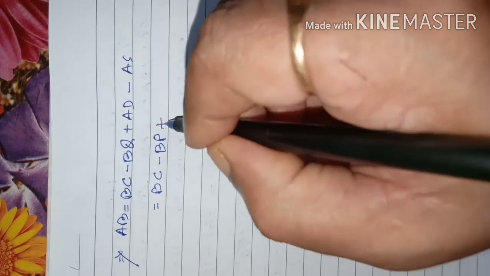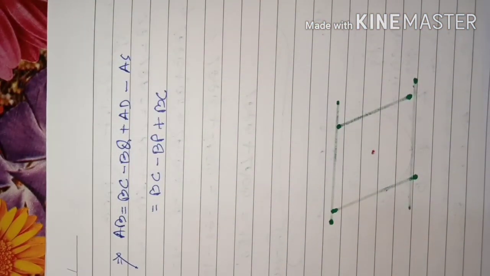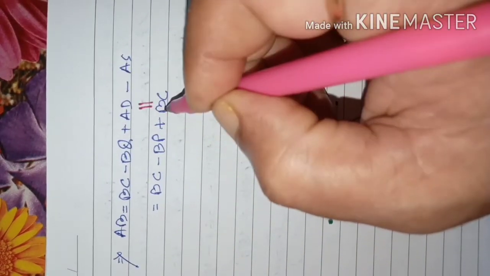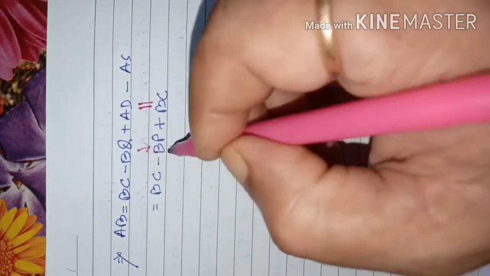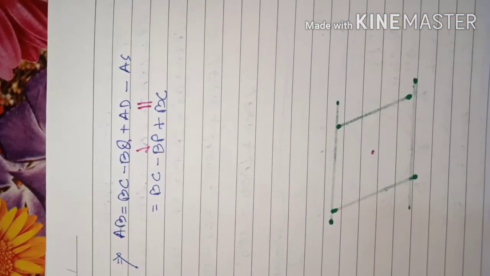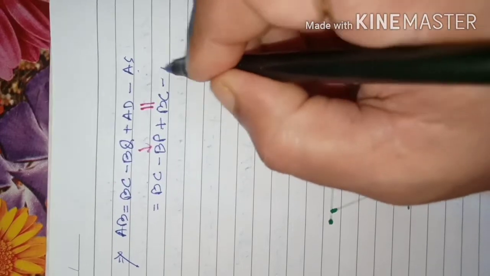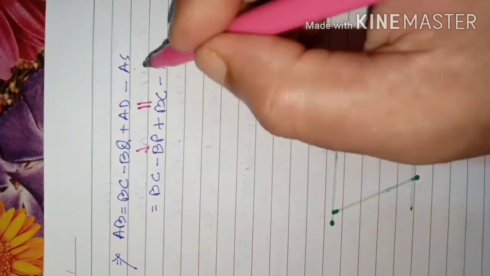AD can be written as BC also, because AD and BC are opposite sides of the parallelogram. So you should understand this, AD and BC are opposite sides, that's why they are equal. BQ is equal to BP, they are tangents from an external point, and BC is BC only, minus AS. As I told you, AS also can be substituted by AP, because tangents from an external point. So this AS is equal to AP.